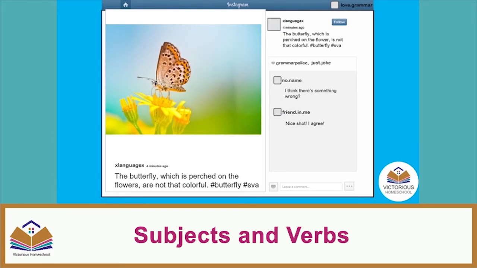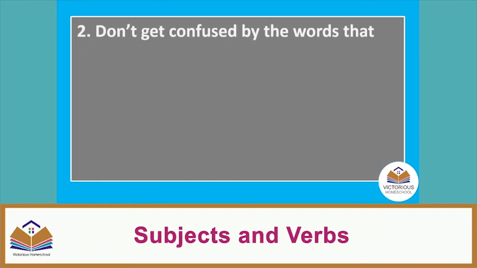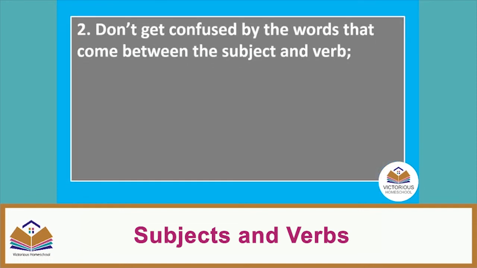Here's another post. The butterfly which is perched on the flowers are not that colorful. This is also wrong. Right. Why? Okay, so this is the rule. Don't get confused by the words that come between the subject and verb. They do not affect agreement.